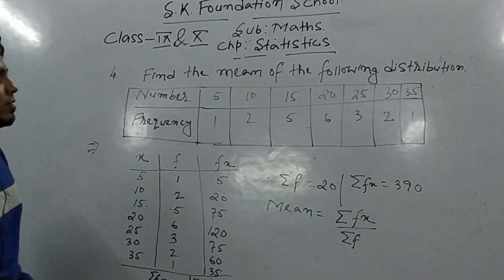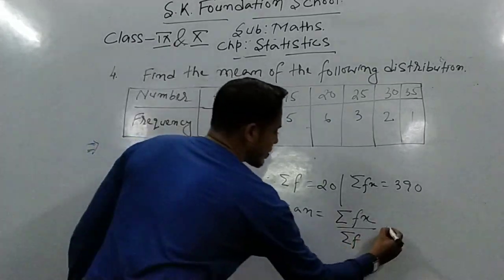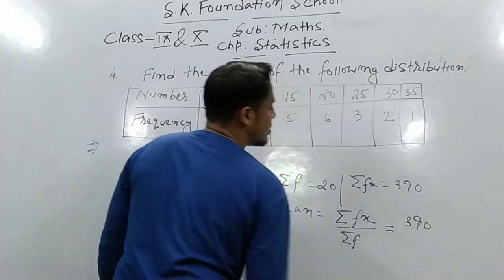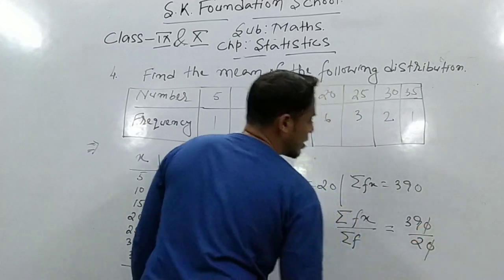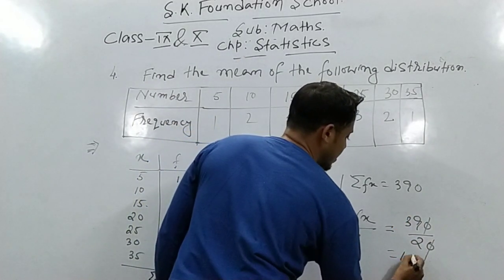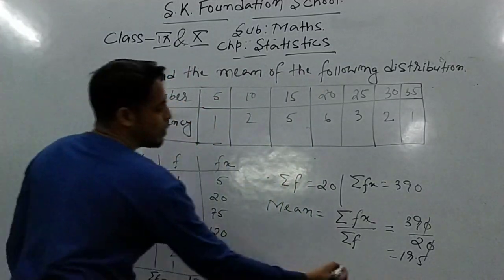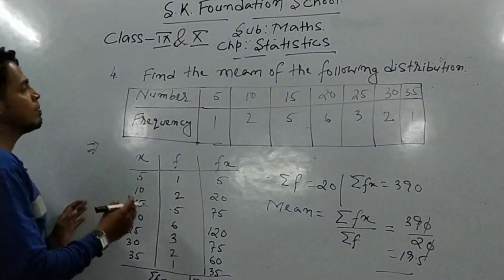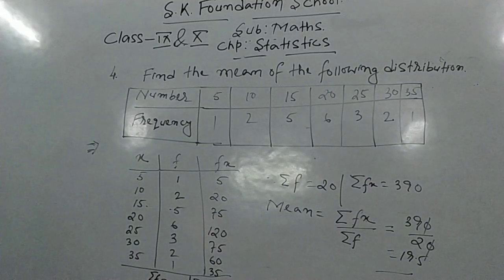Summation of fx equals 390 and summation of f is 20, so the zeros cancel out, 39 by 2, that means 19.5. So our mean equals 19.5. This is our answer. Clear? In this way we solve this type of sum whenever such tables are given. Next, another type of sum.